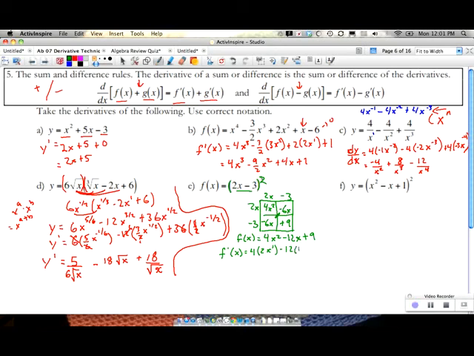Next, we leave the constant. What's the derivative of x? It's just 1. And then what's the derivative of just a constant, a horizontal line? That's 0. So simplifying, we'd have 8x minus 12. Excellent. Let's do this last one in purple, just for fun.